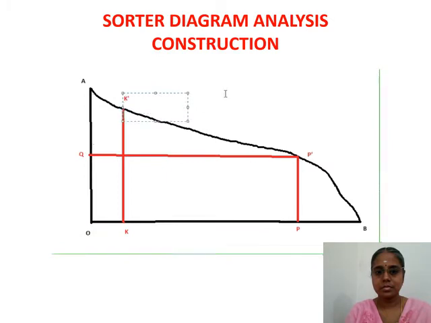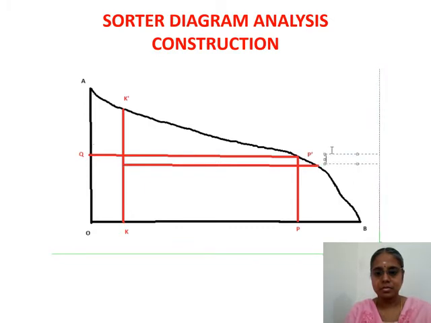I hope you are drawing along with me. So K dash, from K dash, take a midpoint of K dash. From there, draw a perpendicular to OB which touches the curve at R. Hope you are using a scale.